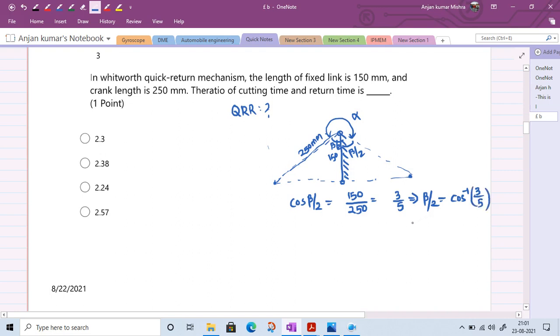So let me just see what is the value of beta by 2. It is coming out to be 53.13. So again beta will be equal to 2 multiplied by this value, that is 106.26, and obviously from this alpha can be written as 360 minus beta, that is equal to 253.74.